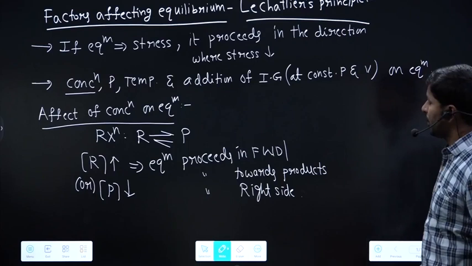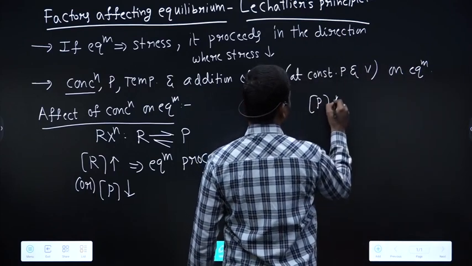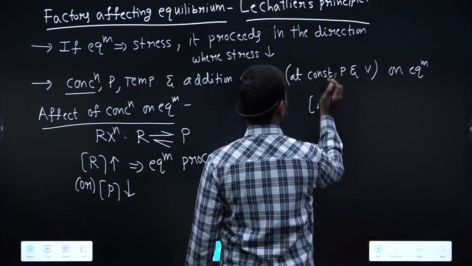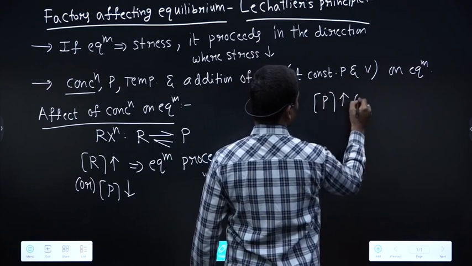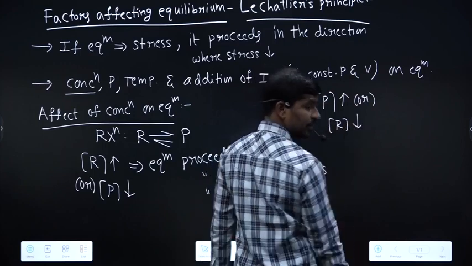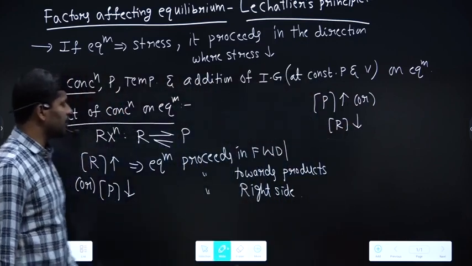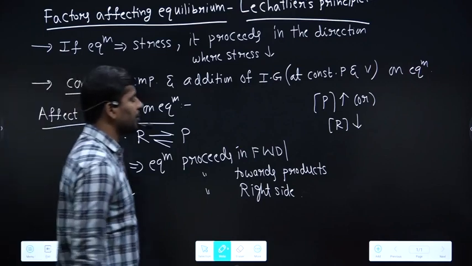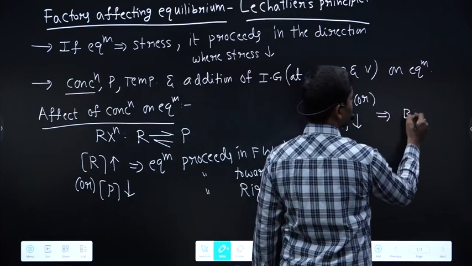Next one. If you increase the concentration of product, or decrease the concentration of reactant, what happens? Equilibrium proceeds in which direction? Backward direction, right?